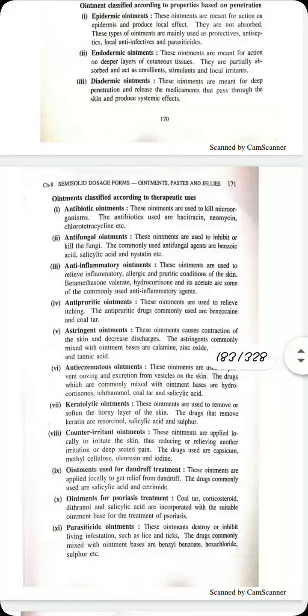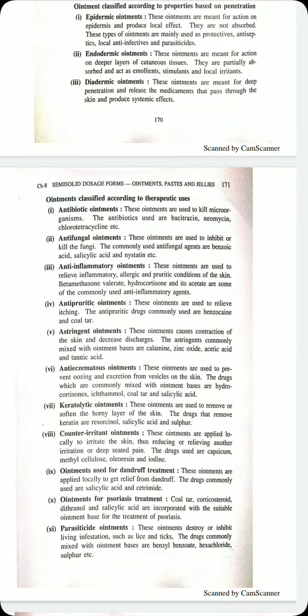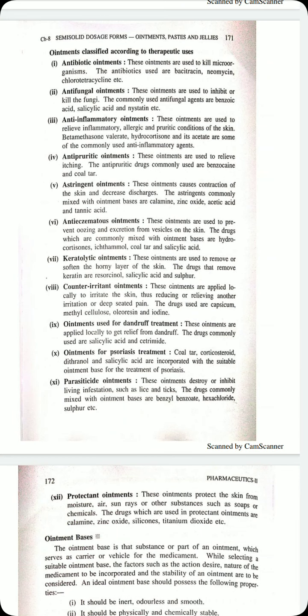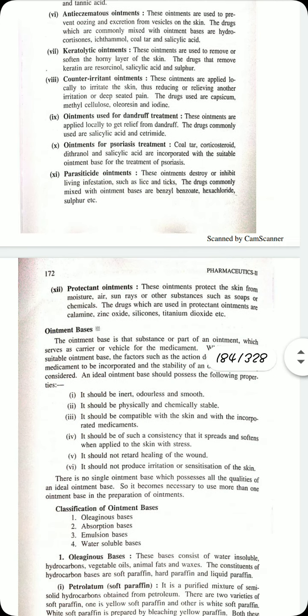Next classification is according to therapeutic uses. In that, it is classified into antibiotic ointment, antifungal ointment, anti-inflammatory ointment, antipruritic ointment, astringent ointment, anti-eczematous ointment, keratolytic ointment, counter irritant ointment used for dandruff treatment, ointment for psoriasis treatment, paracetamol ointment, and the last one is protectant ointment.